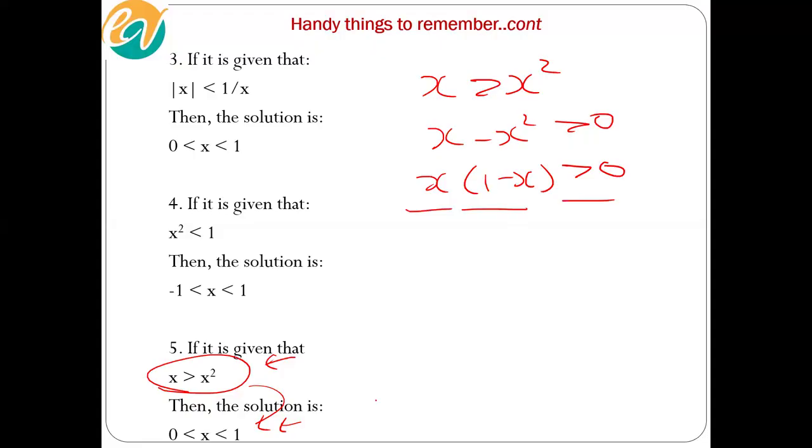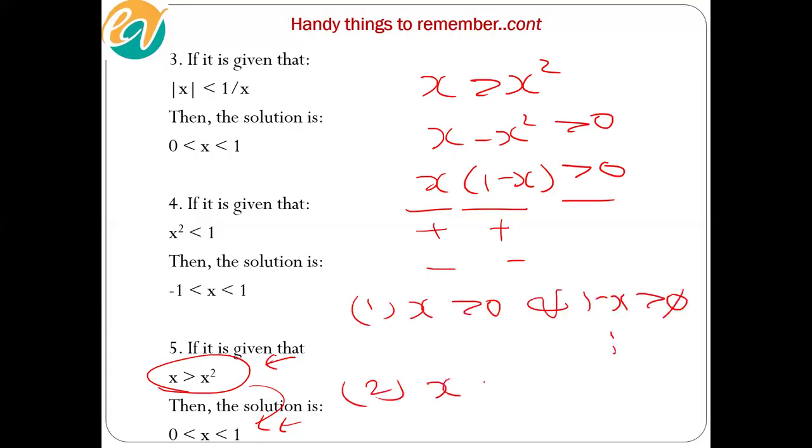When will the product of two expressions be positive? Either when both are positive or both are negative. So we consider two cases. x is greater than 0 and 1 minus x is greater than 0. Solve it. Case 2 would be x is lesser than 0 and 1 minus x is lesser than 0. Solve it. So again, once you solve, you will ultimately arrive at this answer.